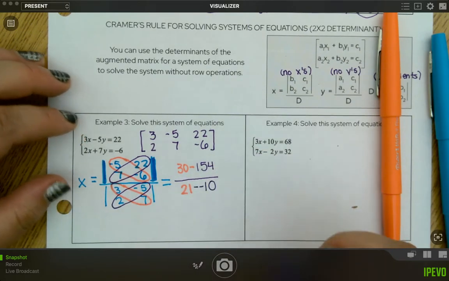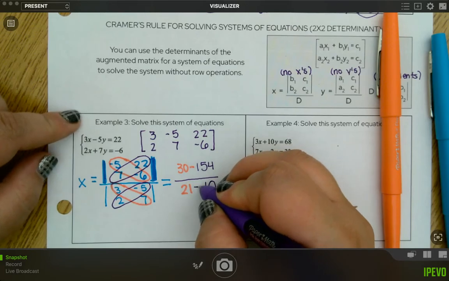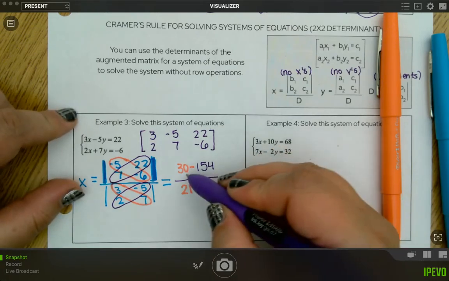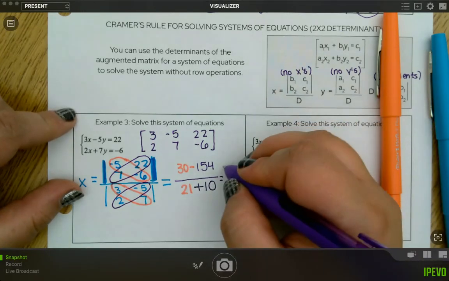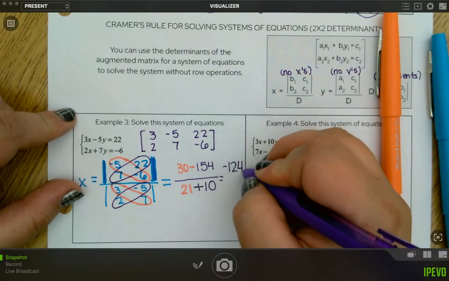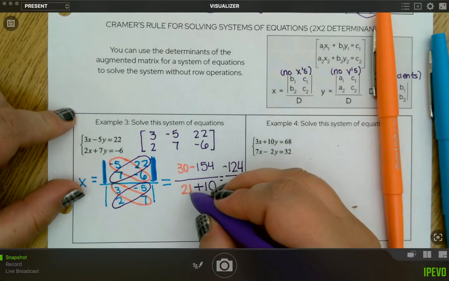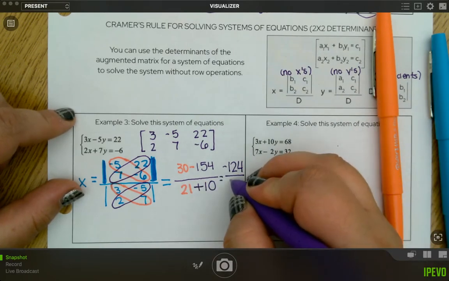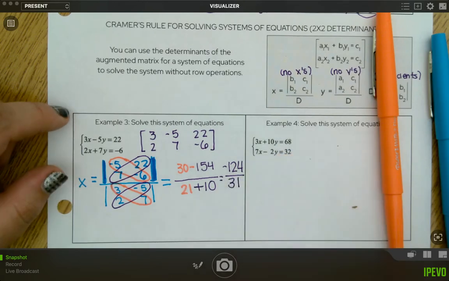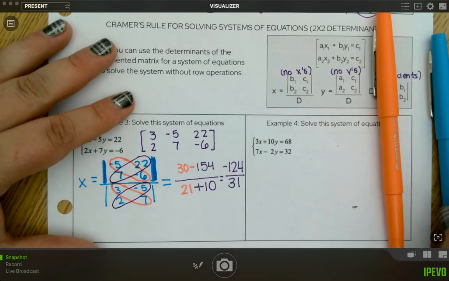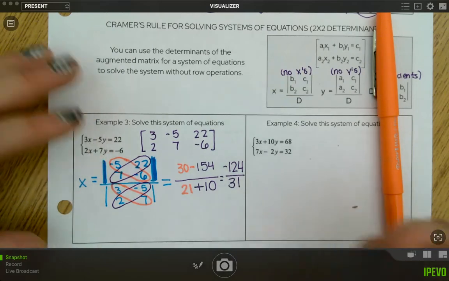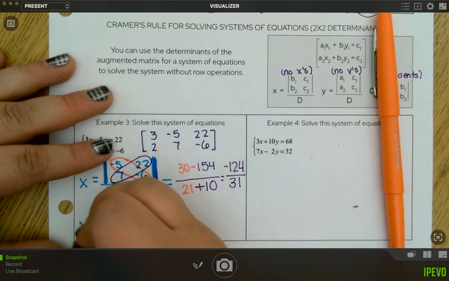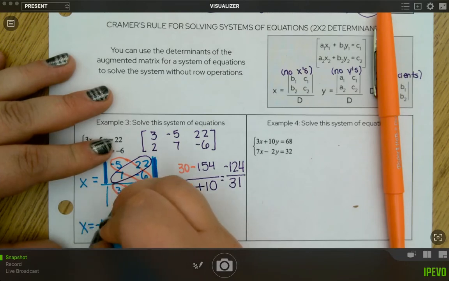And since that's a double negative and a minus, I'm going to put that as a plus. So I end up with 30 minus 154, which is negative 124, over 21 plus 10 is 31. And guess what? Negative 124 divided by 31 is negative 4. So I've gotten x equals negative 4 so far.